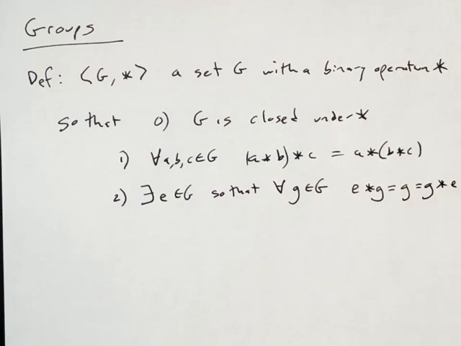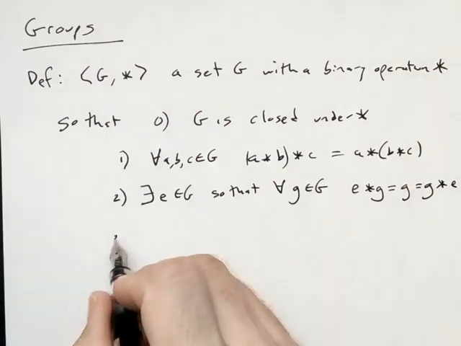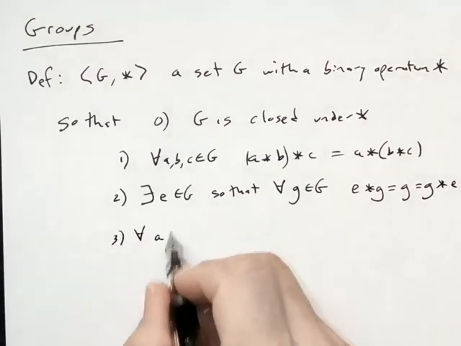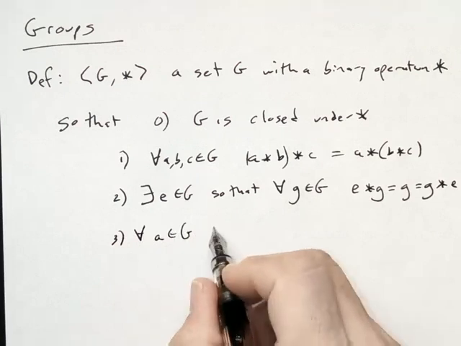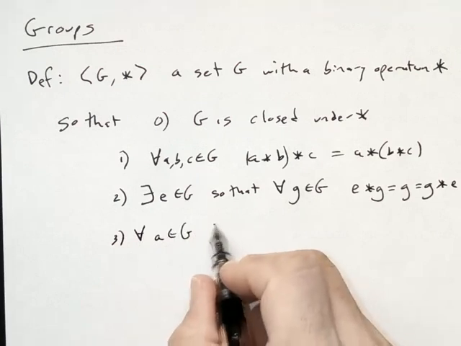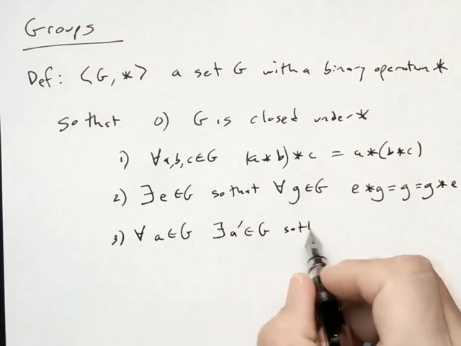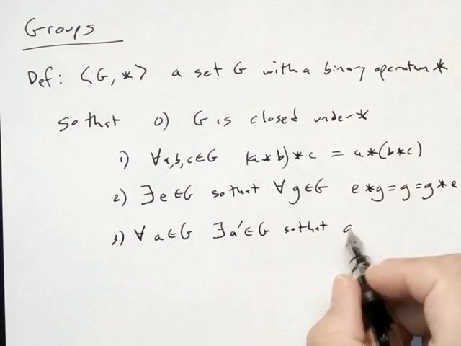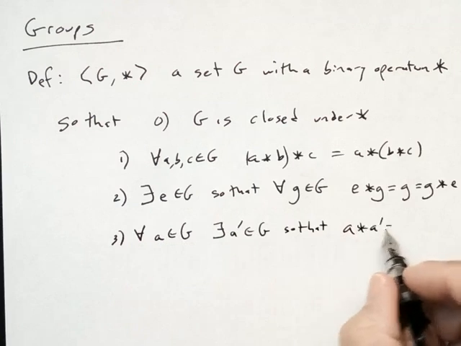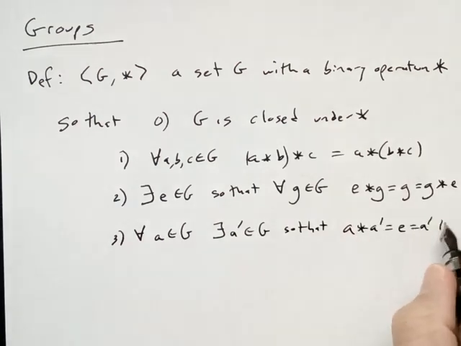I need there to be an identity, which I will call E for the moment. And then once I have an identity, I can say I need inverses.